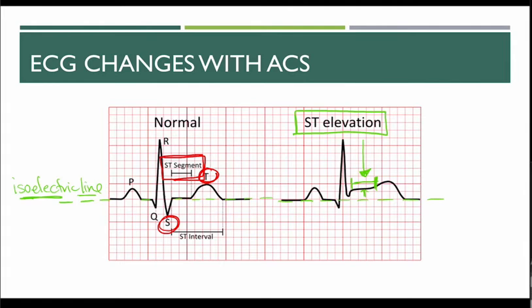This is called ST segment elevation. When someone experiences a transmural MI, it will be evidenced on the EKG by ST segment elevation. So this EKG showing ST segment elevation would be expected in a transmural MI.